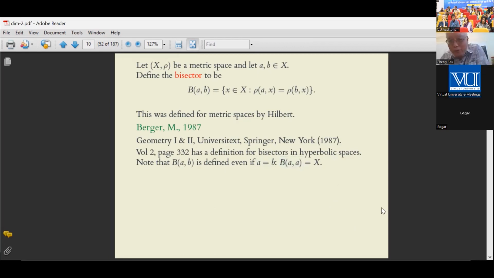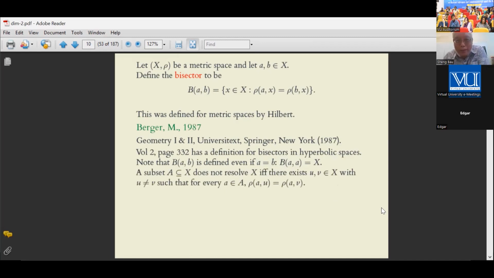If you are talking about only the bisector being empty or non-empty, then here is one research result. We made an observation, which was also made by Professor Johan Tomescu and his students, although I didn't cite them here, that in any metric space, a subset resolves if and only if there exists no bisector containing it.